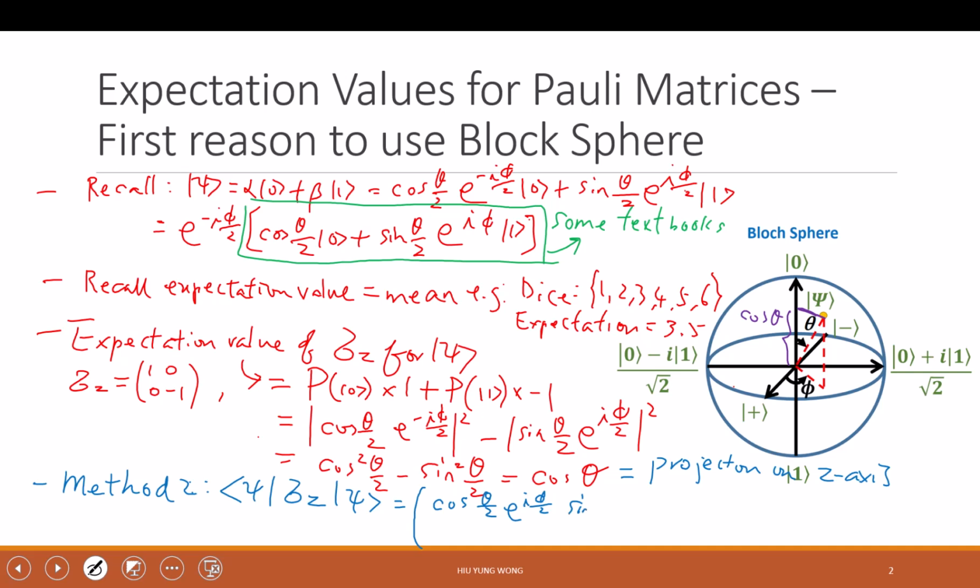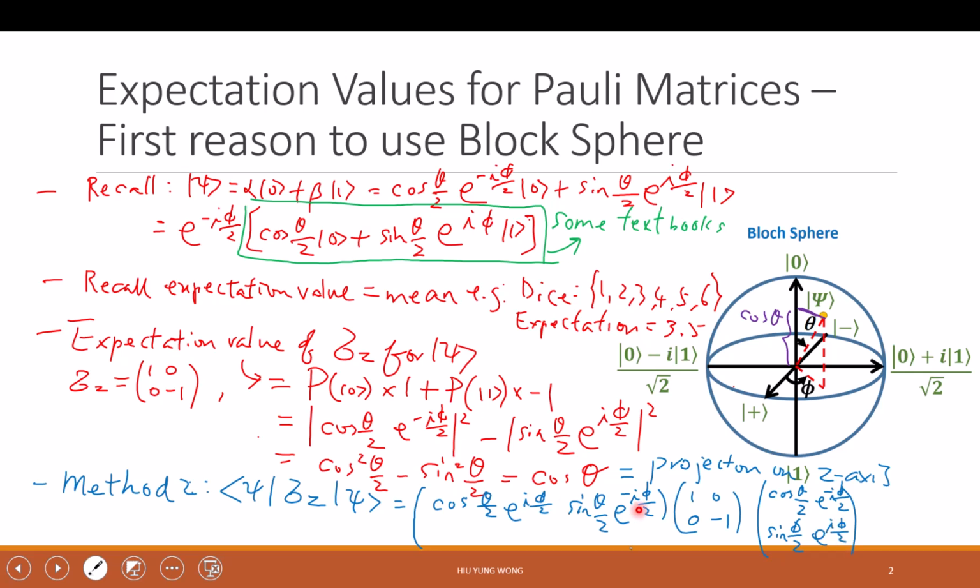And this is sine theta divided by 2, e to the power this time of negative i phi divided by 2. The whole thing is going to multiply the matrix 1, 0, 0, negative 1, and then the ket. And the ket is cosine theta divided by 2, e to the power negative i phi divided by 2, and sine theta divided by 2, e to the power i phi divided by 2.